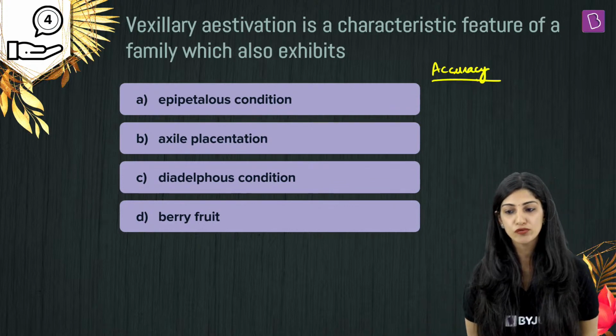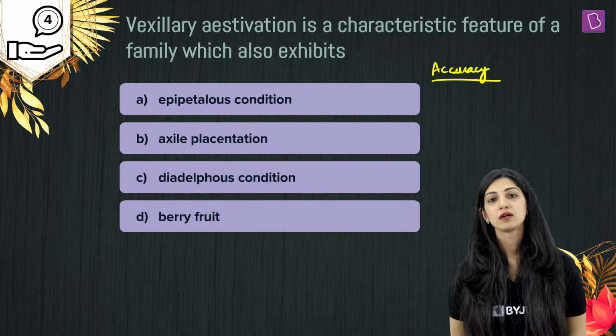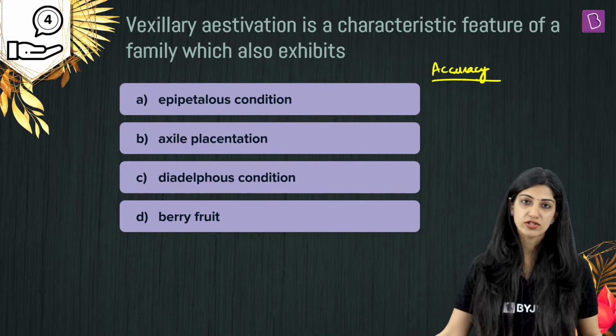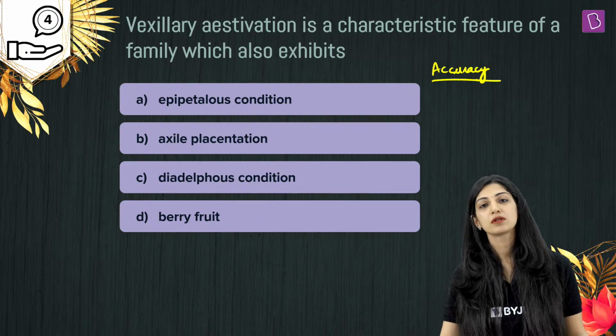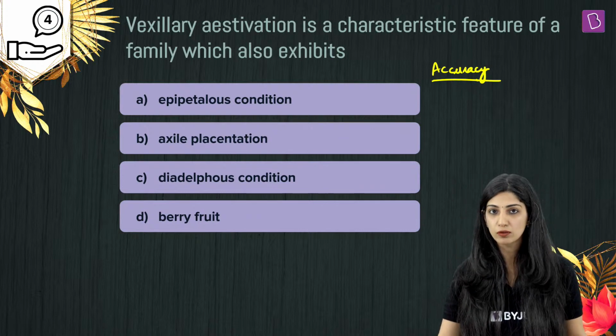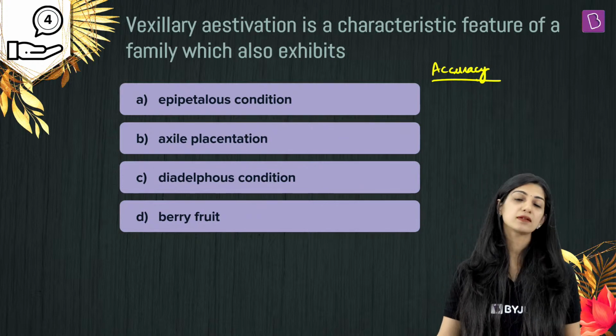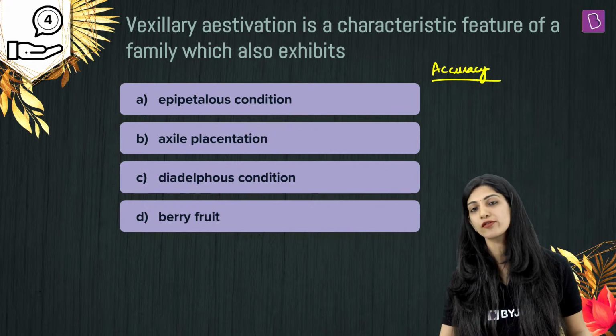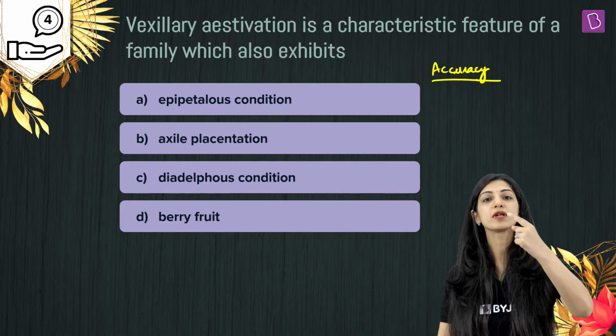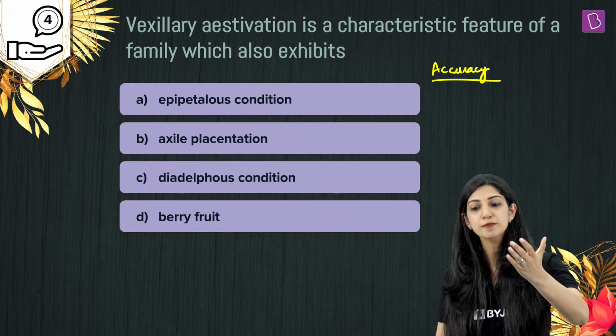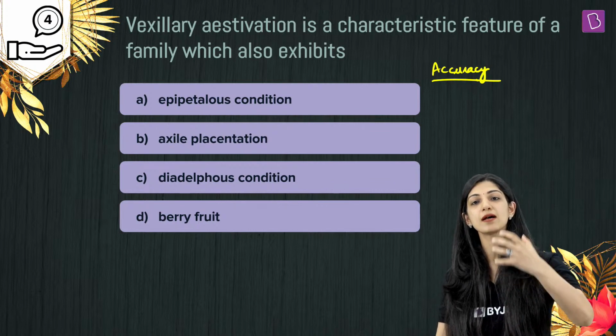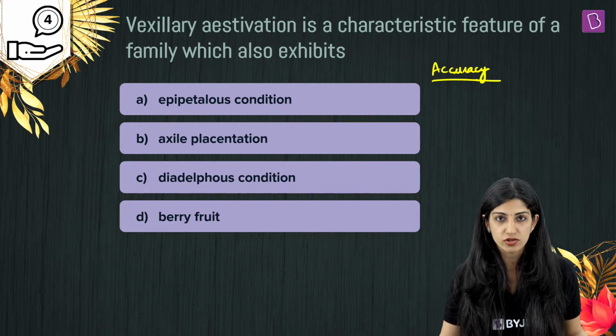If you want to improve your speed, you have to practice the questions. That's why we come every week and solve these questions with you. Accuracy का तरीका है that you read the question carefully. You know what the examiner wants to ask. You should feel like the examiner is speaking to you when you read the question.